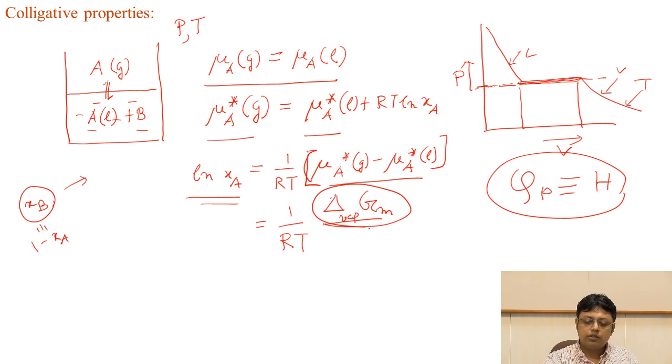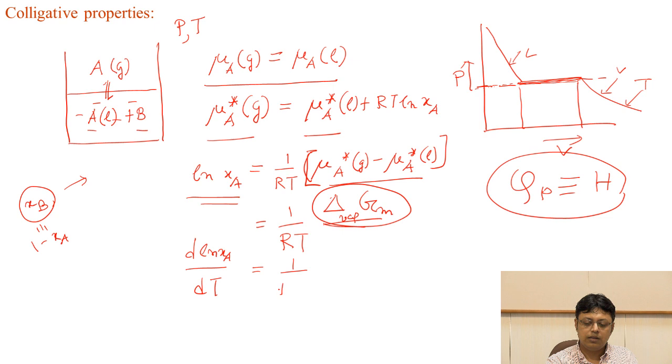So the Gibbs-Duhem equation is nothing but the derivative of delta G with respect to temperature at constant pressure. So on the left hand side I have to take d ln XA dT. I'm not writing the del notation because the pressure is always constant.